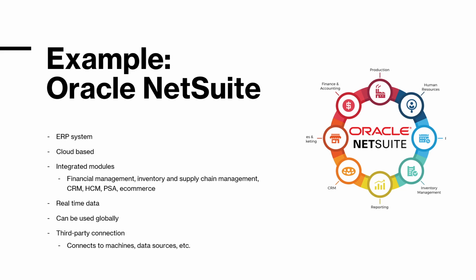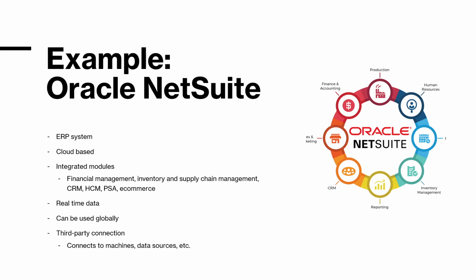What's good about Oracle's NetSuite is it relays real-time data, so you can make quick on-the-fly changes or just monitor and know exactly how your system's running. It can be used globally because, with the financial side at least, it can do money transactions with different currencies. And also because it's cloud-based, you can work on this system globally from different areas of the world.